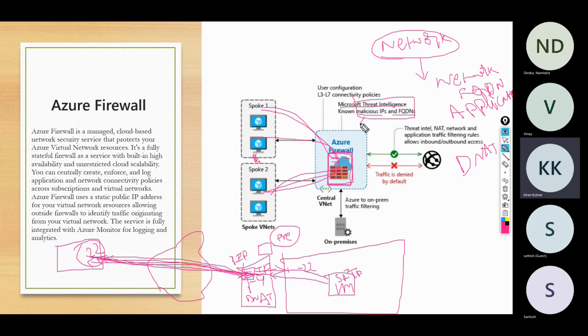That Threat Intelligence is integrated with each and every Azure firewall. So whenever the Azure firewall sees a suspected IP address or identifies the same FQDN, it will immediately block it, because such malicious websites will be blocked, guys.